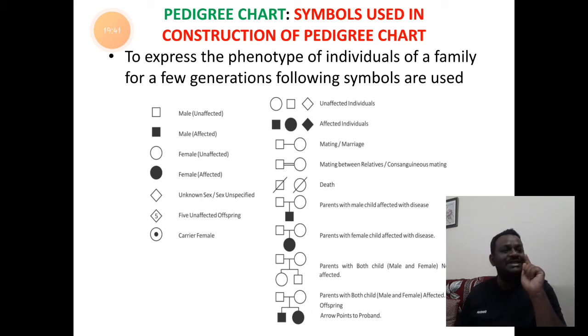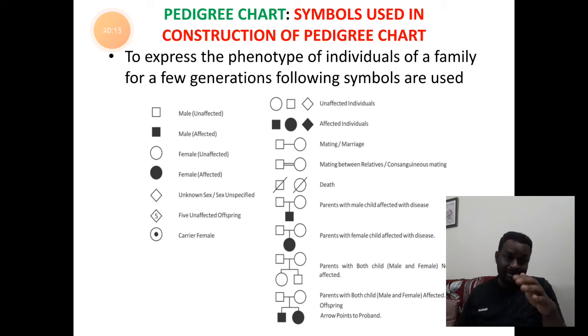If it is a single child, one vertical line descends from the mating line directly connecting to the symbol of a male or a female, which could be normal or affected. If two children are born to the same parents, we represent it with a horizontal line connected to two children. Okay, this is how the symbolization is done.